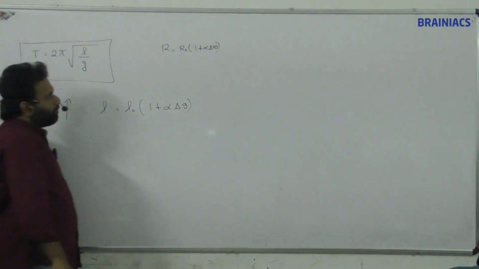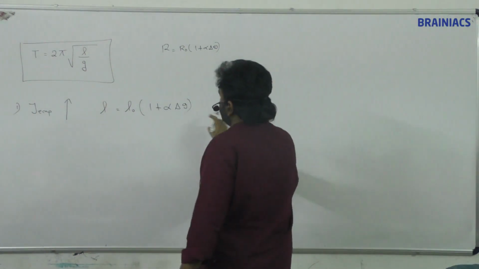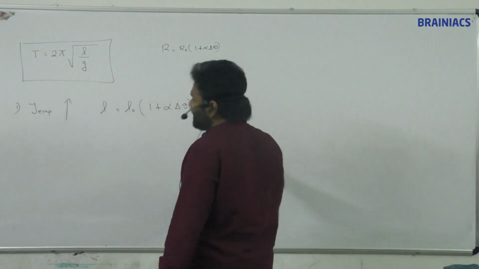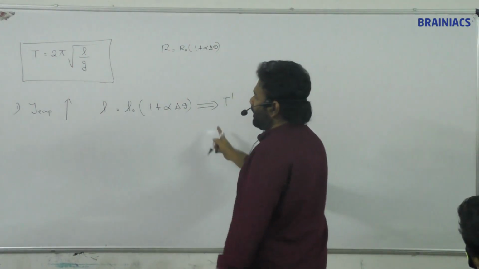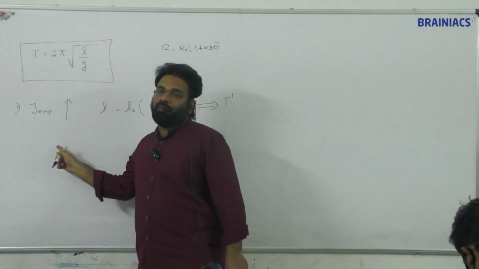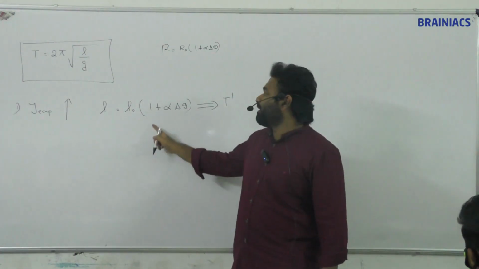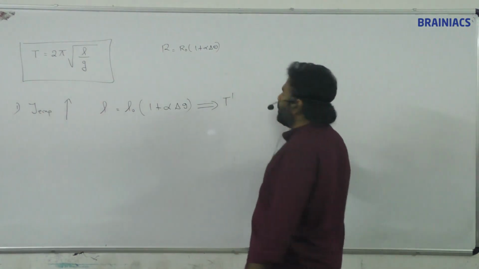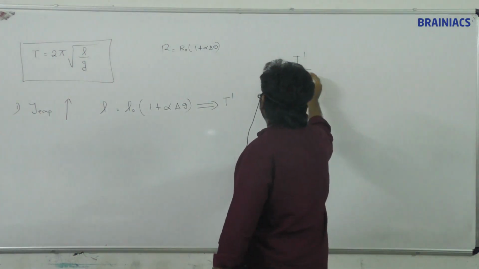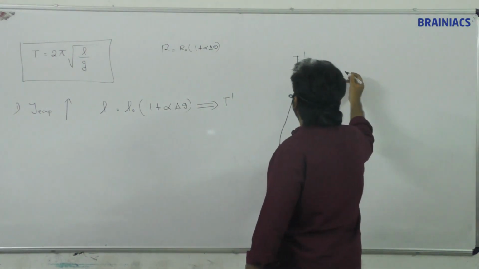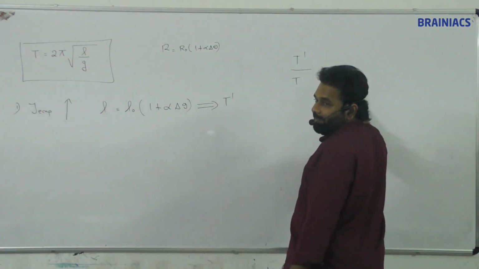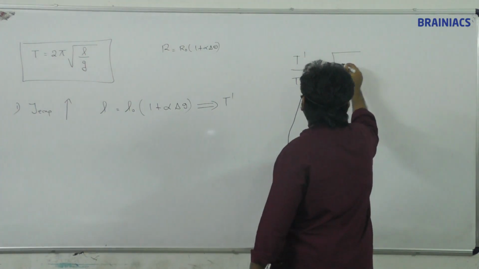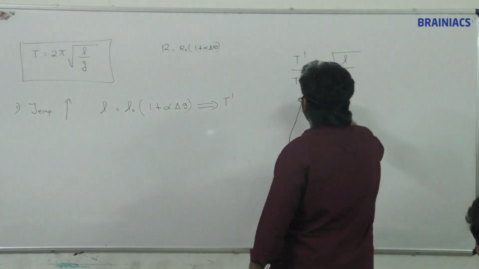Now the corresponding time period, suppose this is T dash, when we increase the temperature, there is an increase in length, so that corresponding time period is T dash. So T dash divided by T is equal to what? 2 pi and g, everything will get cancelled off. So this is root of what? L by L naught.